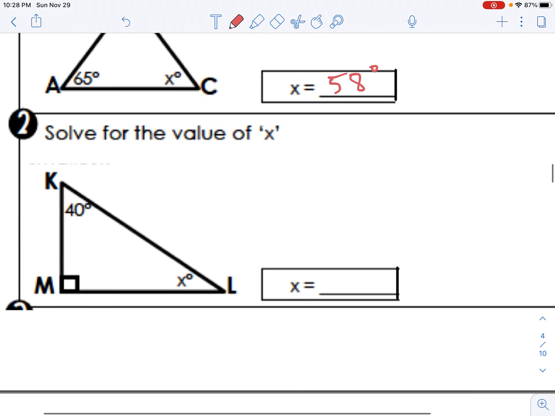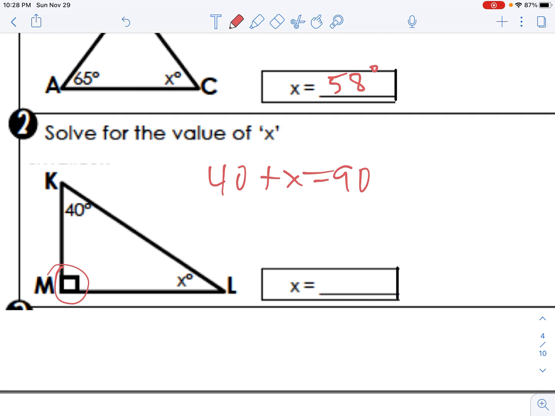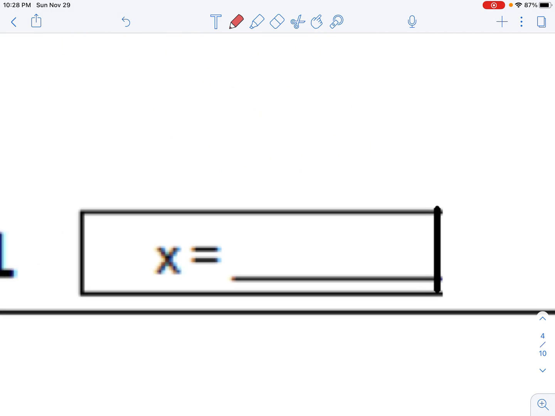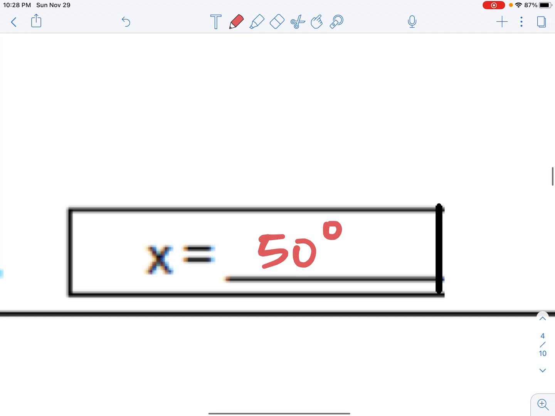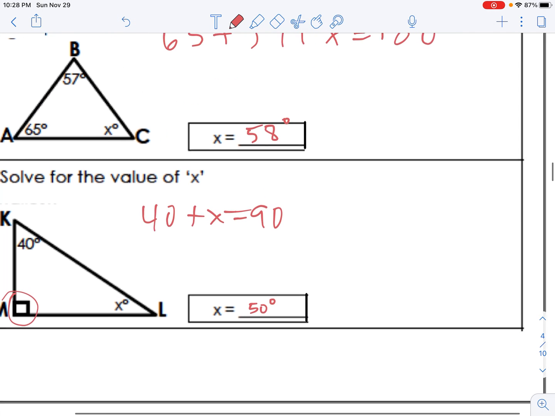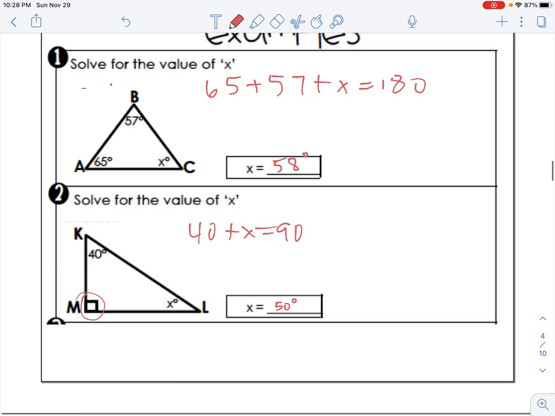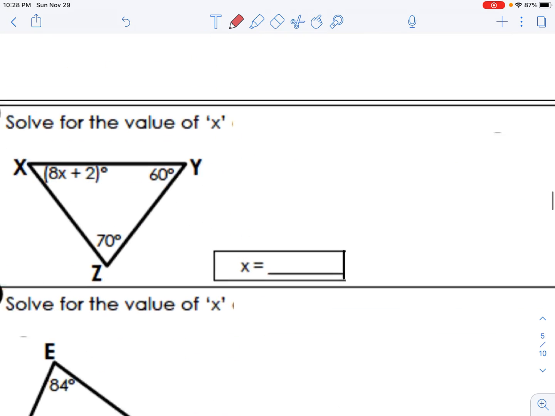Okay, the second one, since that's 90 degrees, I know 40 plus something has to equal 90. And then so subtract, x is going to equal 50 degrees. Okay, so that's the nice ones when they just give us those sweet numbers. We can subtract from 180, life's all good.